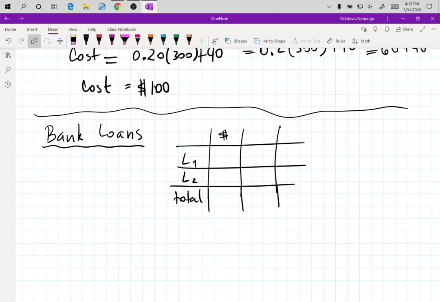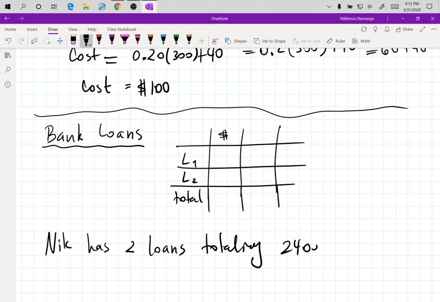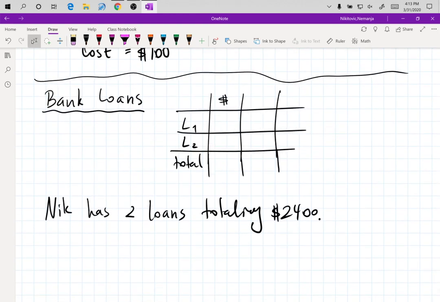All right, so individual has 2 loans totaling $2,400. So Nick, that's me, has 2 loans totaling $2,400. So one loan charges 5% interest, simple interest.